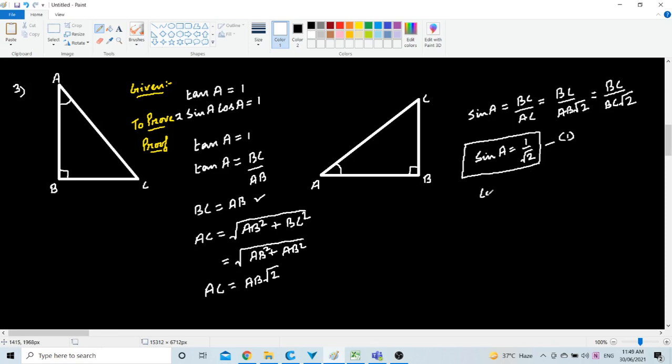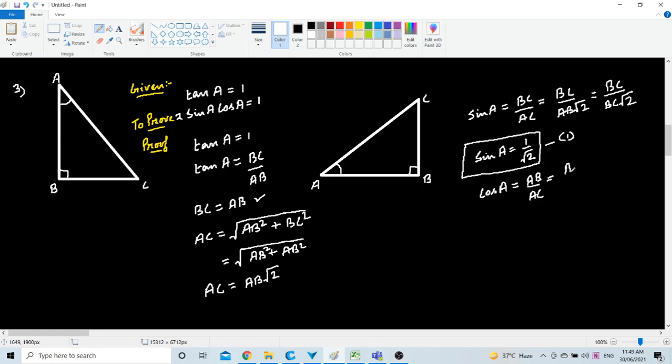Now in the same way, cos A will be equal to base upon hypotenuse, that is AB upon AC.